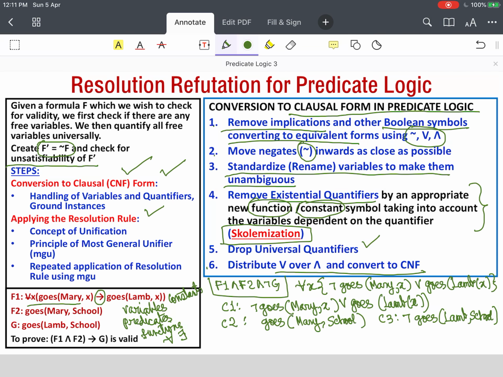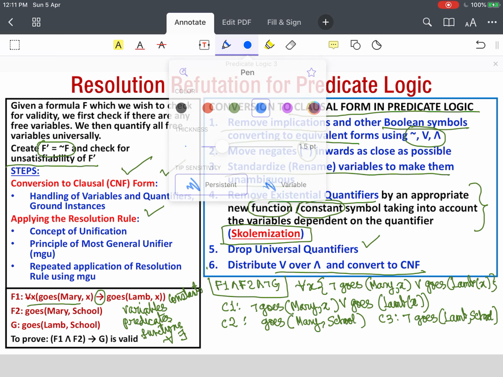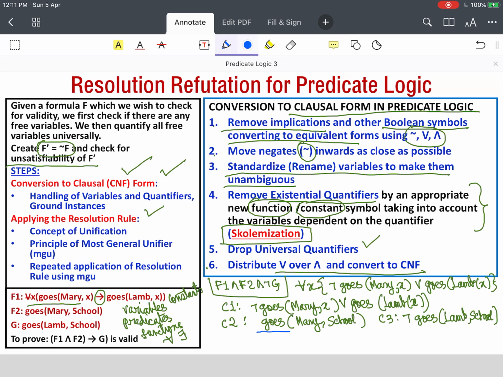Once we have converted it to clausal form, we now apply the resolution rule. Now in the resolution rule, we now have variables. In order to apply the resolution rule, we can resolve C2 with C1. But in order to resolve C2 with C1, we need to substitute the variable x with school.